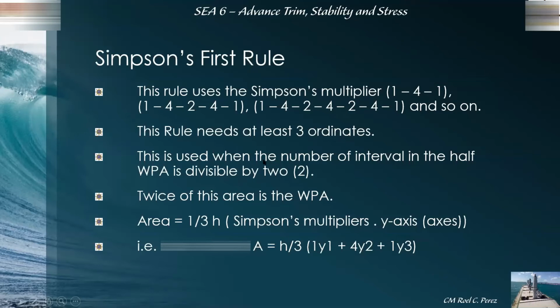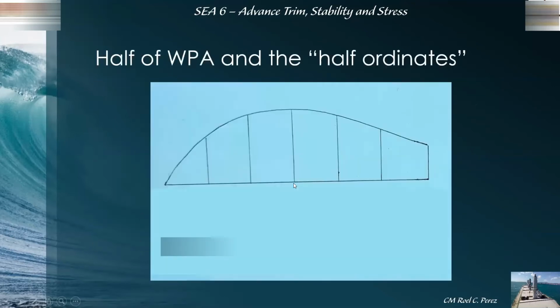This is used when the number of intervals in the half water plane area is divisible by 2. So if we come back to the drawing, 1, 2, 3, 4, 5, 6. We have 6 intervals, so it is divisible by 2. So we can use Simpson's first rule.